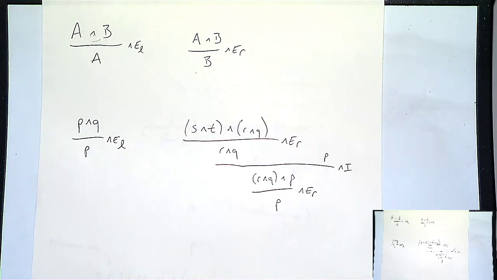Right? I've taken P for granted, and I've taken SNT and RNQ for granted. But what the heck am I doing taking SNT and RNQ for granted? If I was willing to take P for granted, I could have just been done right there. If what I want is a proof of P and I'm willing to take P for granted, great. I already have the rule of assumption, which allows me to take P for granted and get a proof of P. If you had that thought, that's a very good thought to have.